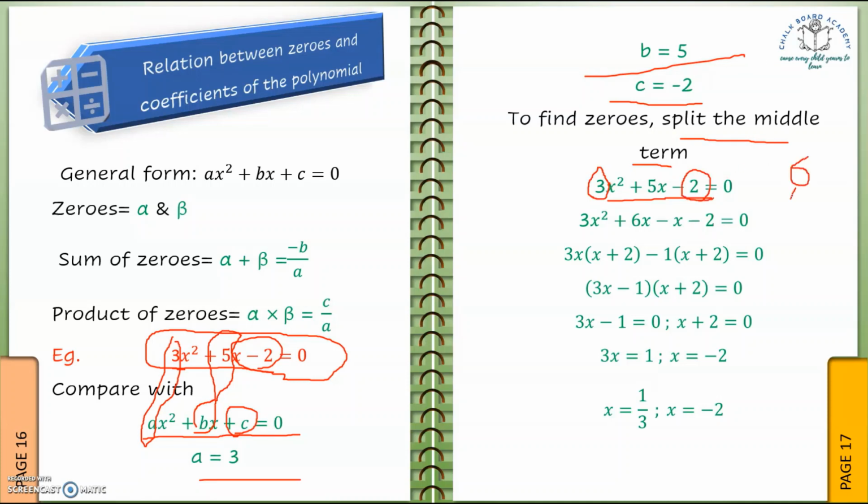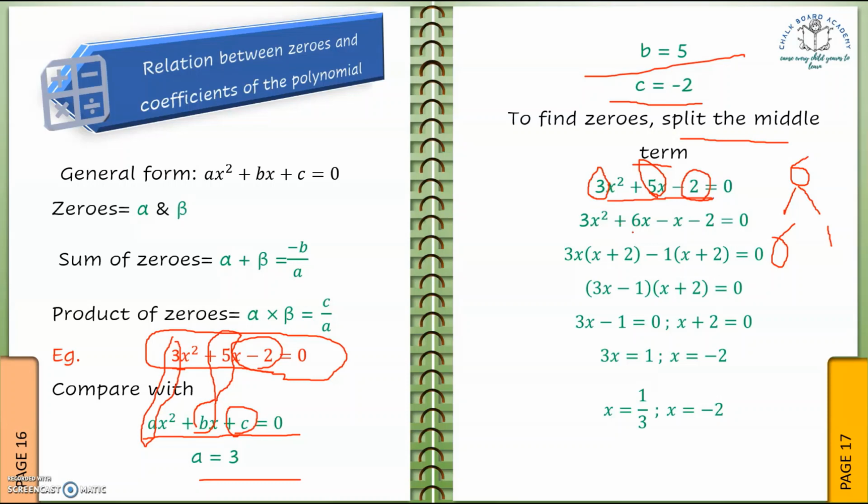Now we have to divide 6 into two parts in such a way that after adding them we get this number 5, and multiplying them we get 6. So here we have 6 and 1: 6 into 1 is 6, and 6 minus 1 is 5. Or we could have done 3x and 2x as well. That could also be the answer here, because 3 plus 2 is equal to 5, and 3 into 2 is equal to 6.